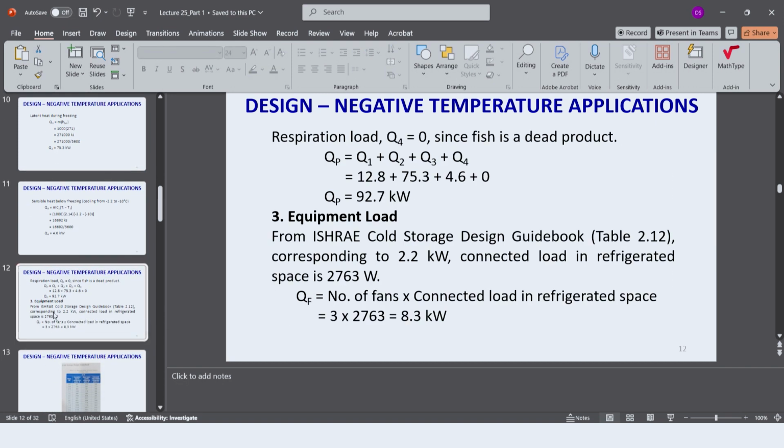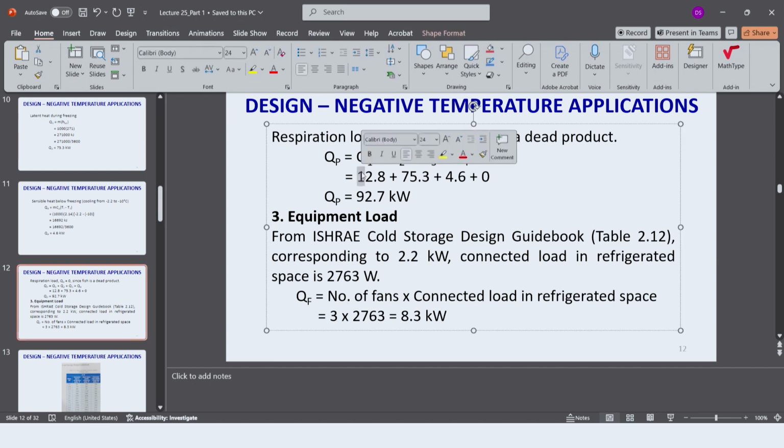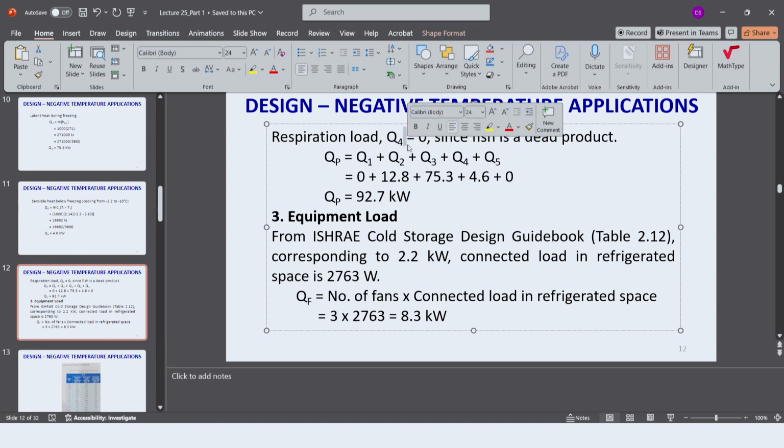Q1 is equal to, since it is not given, you will take 0. So this will be Q1 plus Q2 plus Q3 plus Q4. Q5 we will take as respiration. So now it is clear: Q1, Q2, Q3, Q4, Q5.